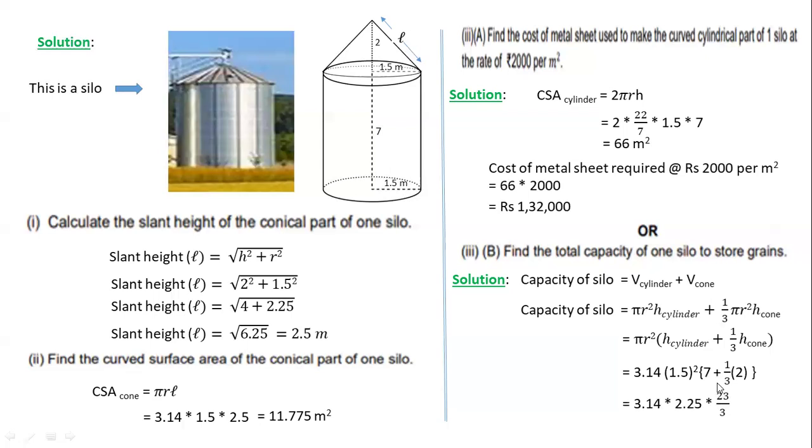So it will be 3.14 into 2.25, the square of 1.5, into 23 upon 3. Multiply this, and you will get 54.125 meter cube. It's a volume, so the unit will be cubic meters.